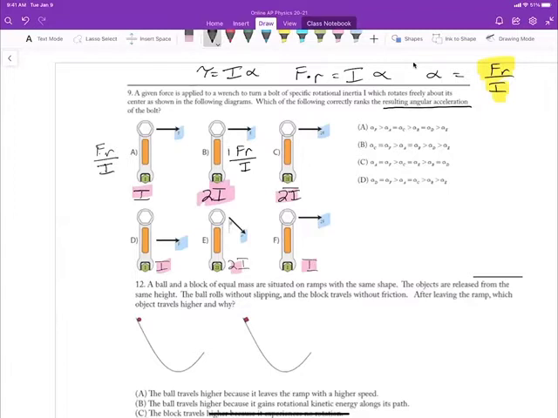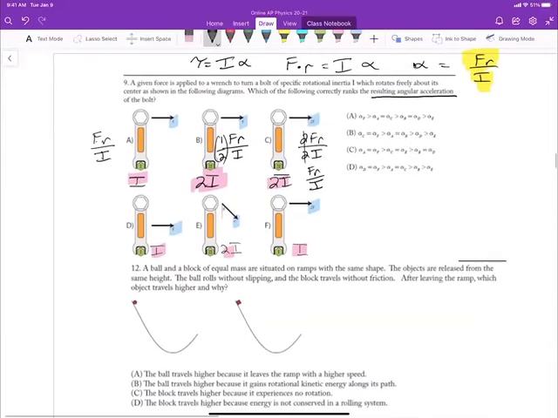So essentially I have a fraction of 1/2. In the second one, I have 2 times F times R over 2I. So my 2s are going to cancel. So I'm back to FR over I, which is the same as A.